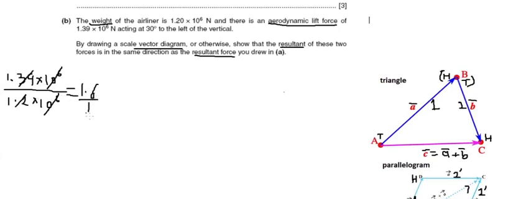So if you consider the weight equal to 1 centimeter, then you should consider the aerodynamic lift equal to 1.6 centimeter. If I consider the weight equal to 2 centimeter, then I should consider the aerodynamic lift equal to 3.2 centimeter.